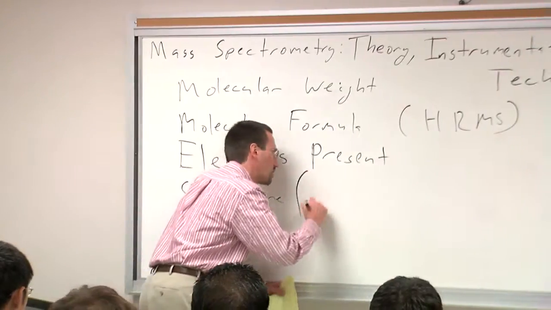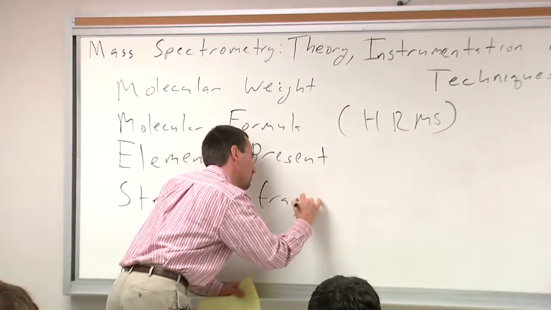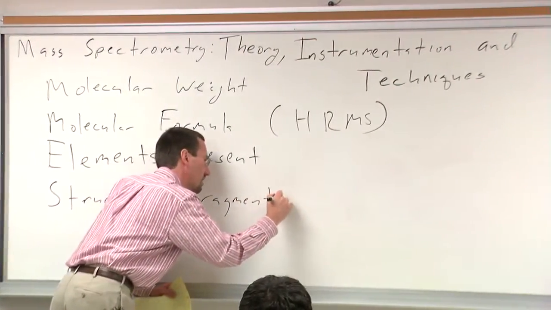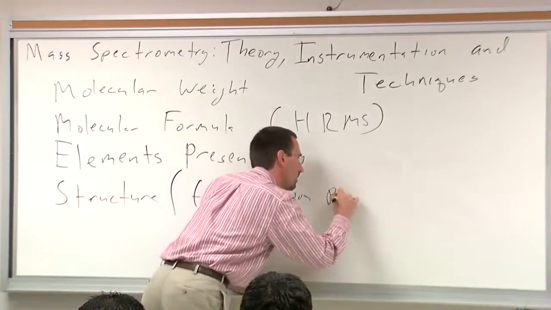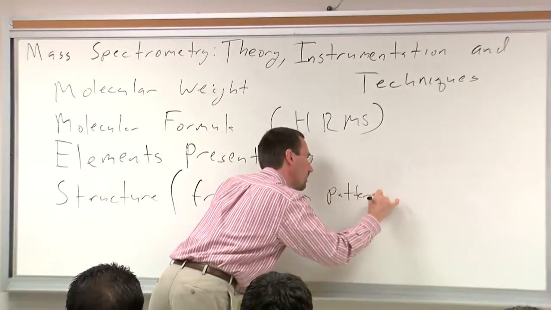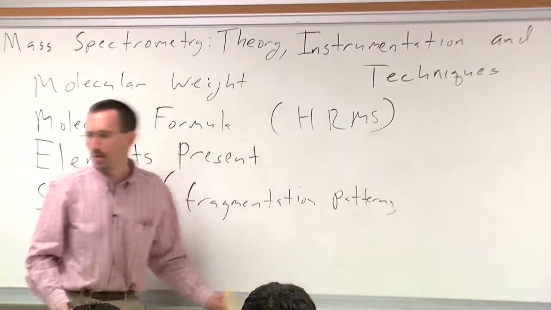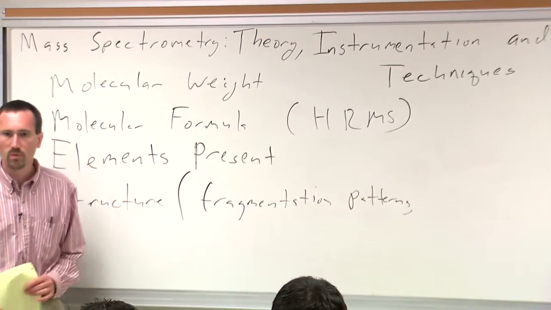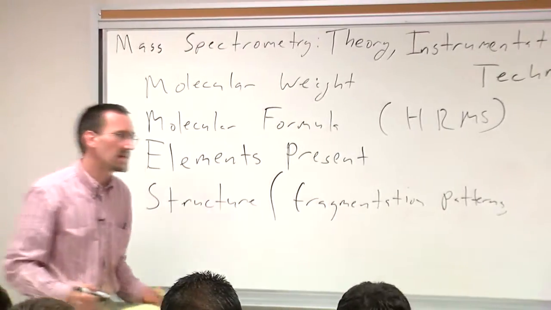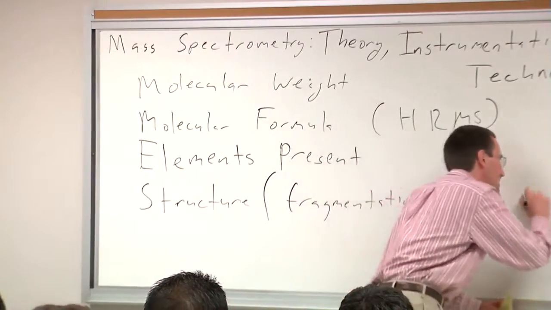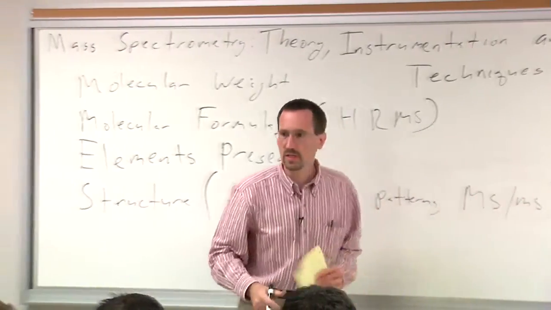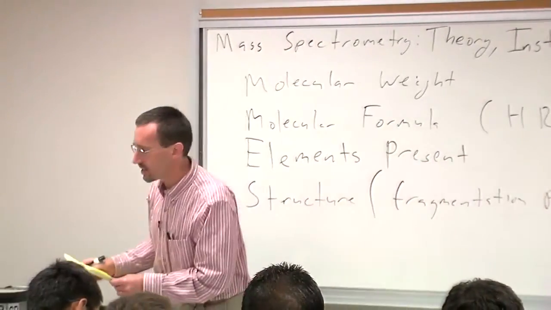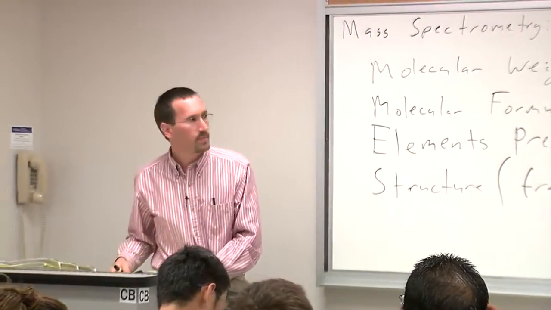You can get structure through fragmentation patterns, which, as I said, we'll be talking about a little bit on our third lecture. And as I said, in biomolecular cases, through techniques like MSMS, where you're actually taking ions and deliberately bashing into them and smashing them and seeing how they break up.